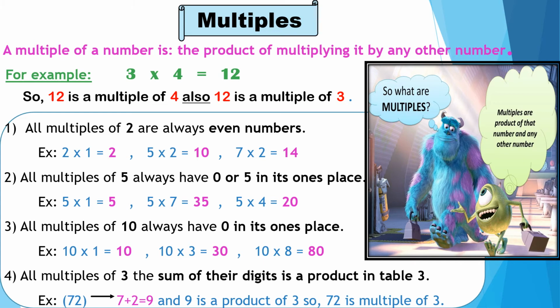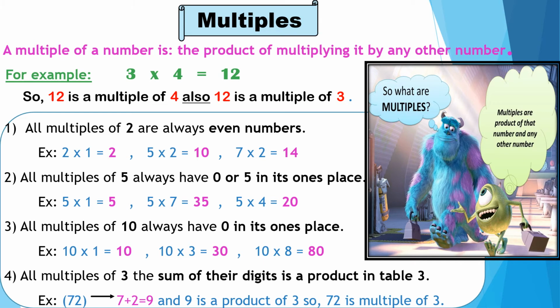Number 2, all multiples of 5 always have 0 or 5 in the ones place. Let's look at some examples. 5 times 1 is 5. 5 times 7 is 35. 5 times 4 is 20.